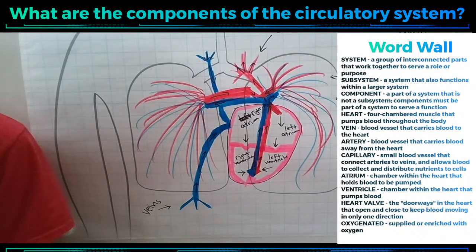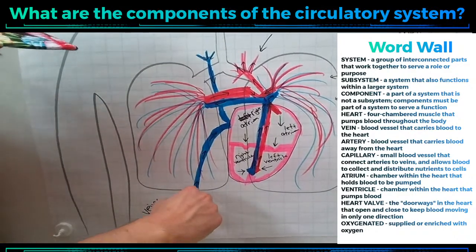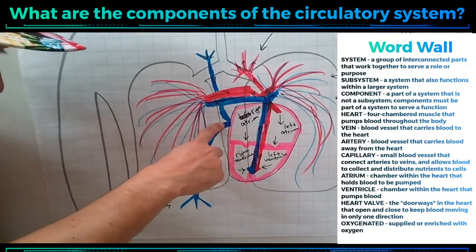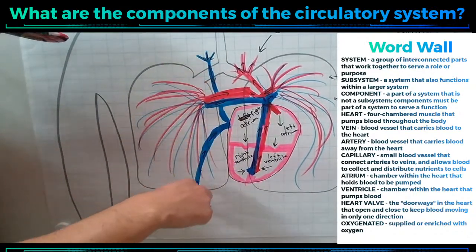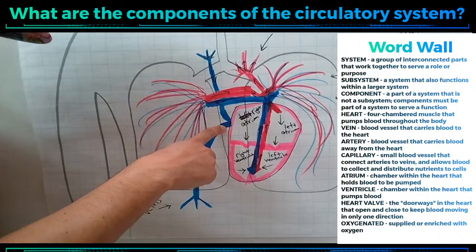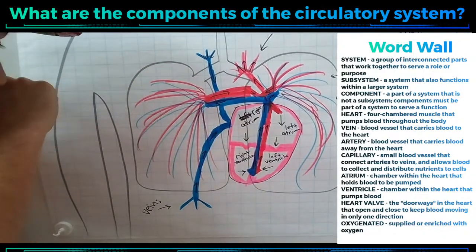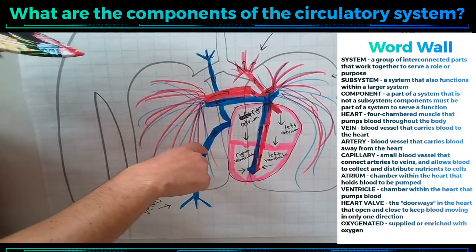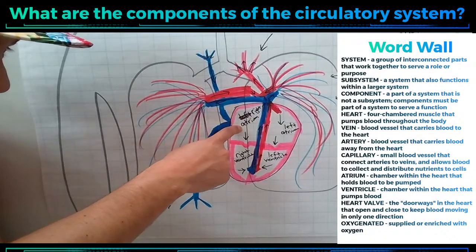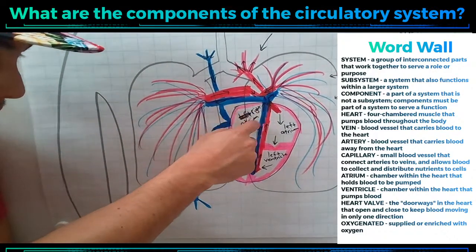Now we're making our way back to the heart, and in blue here we can see our arrows going from our veins. There's two really big veins called vena cava that connect our blood vessel network into our heart, okay? So if you're a blood cell, you're traveling through these veins and you end up in the right atrium, okay?